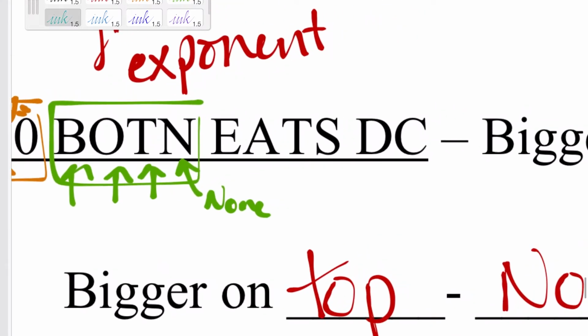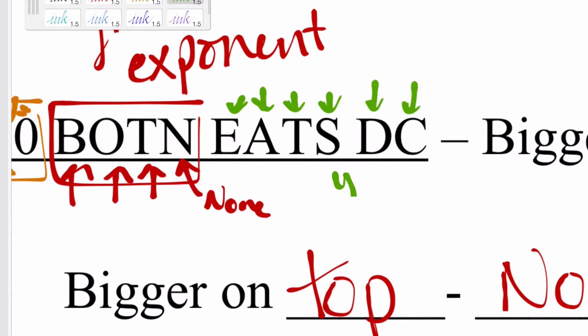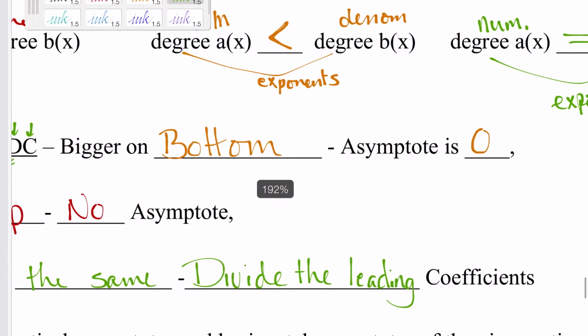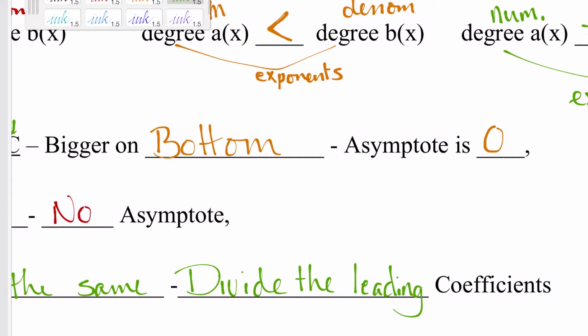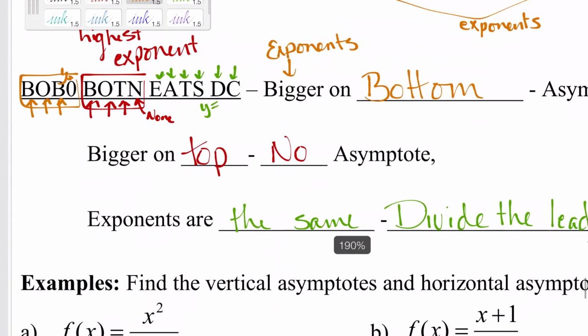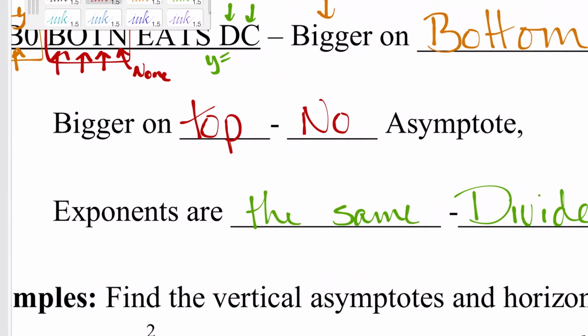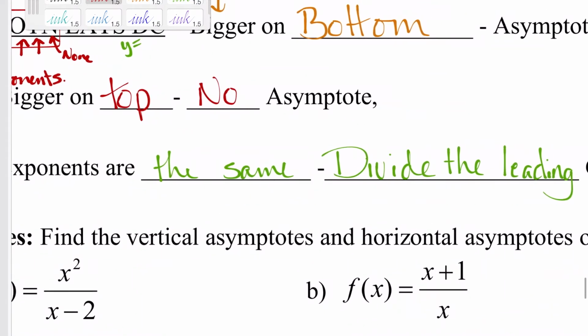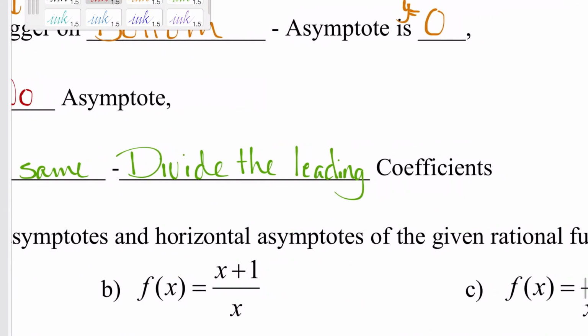And with EATS DC, if the exponents are the same, we divide the coefficients, so y is equal to whatever the division of the coefficients is. I have it written again here. If it's bigger on the bottom, the asymptote is y equals 0, and we're talking about the exponents. If the exponents are bigger on top, there is no asymptote. If our exponents are the same, then we're dividing the leading coefficients.